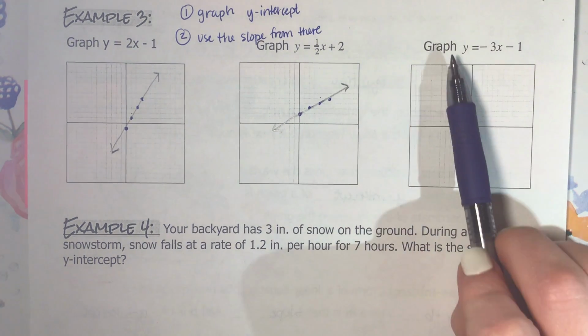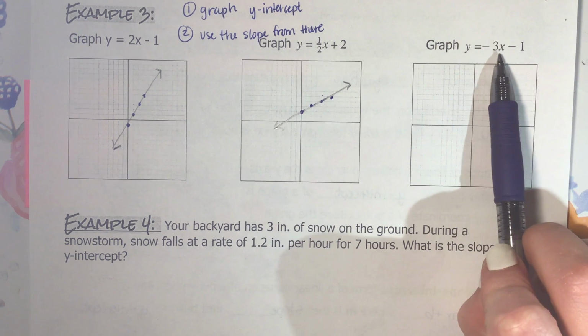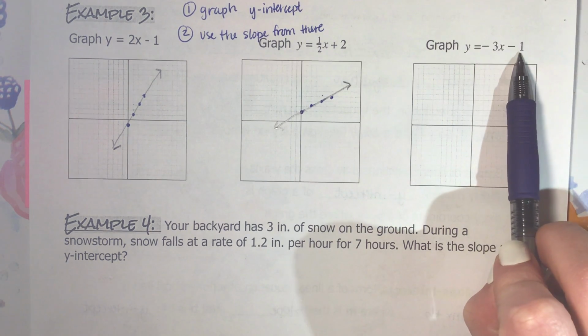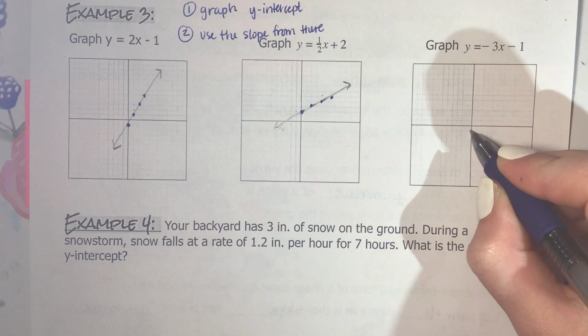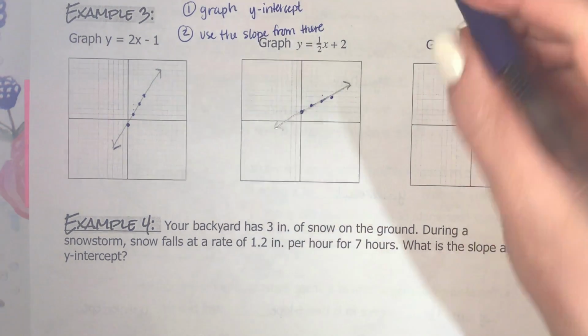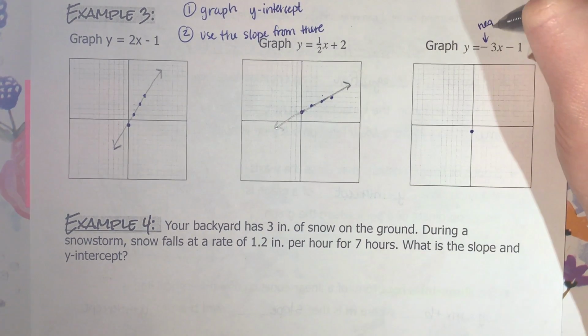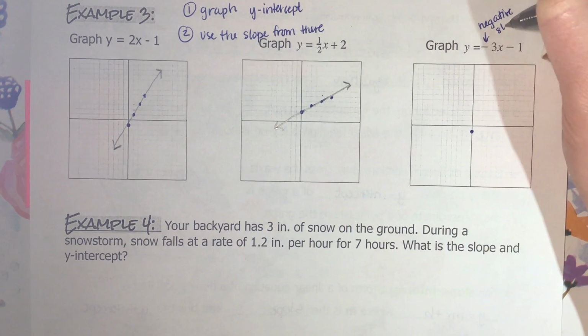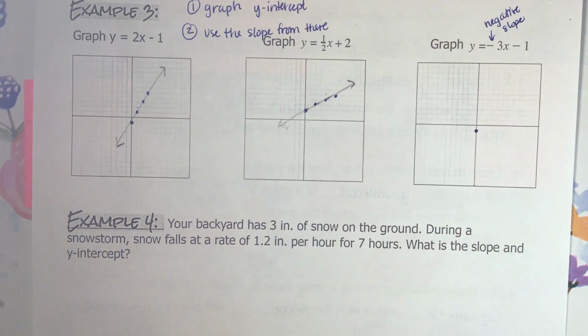All right, let's do one more. Now it says y equals negative 3x minus 1. So my y-intercept is negative 1 again. This time my slope is negative 3. I'm going to mark negative slope just so you really pay attention to that. That means we go down 3 over 1, down 3 over 1, over and over again.